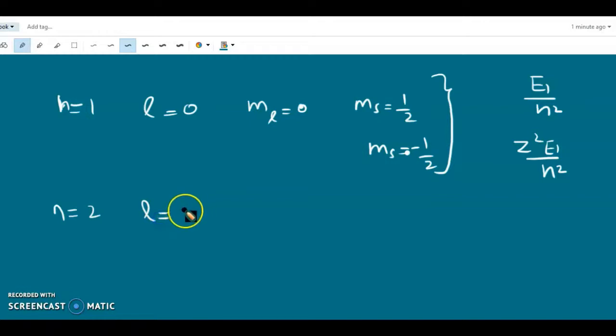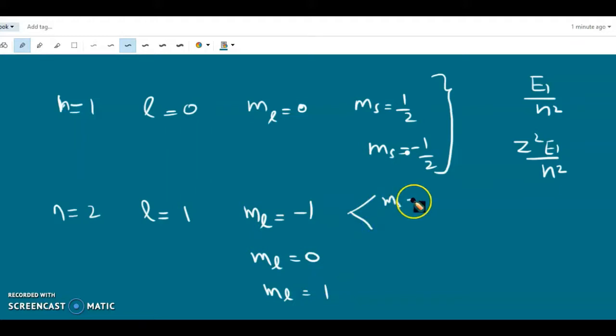L ന് 1 എടുക്കുമ്പോൾ ML ന് 3 പോസിബിൾ വാല്യൂസ് ഉണ്ട്: ML minus 1, ML 0, ML plus 1. അപ്പോൾ ഈ ഓരോ ML ഉം 2 MS വാല്യൂസ് പോസിബിൾ ആണ്, MS plus half ഉം MS minus half ഉം.